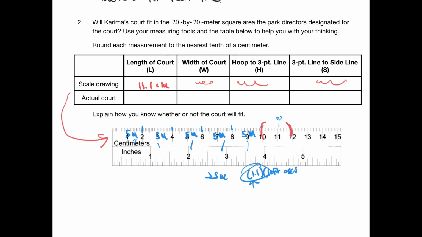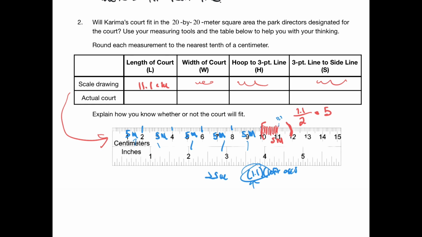So I take these 2 centimeters and I say this is 5 meters, and I have 1.1 of those 2 centimeters covered. That's how much, as a fraction, that much is. So what I can do is then multiply that by 5, because the whole thing is 5 meters.